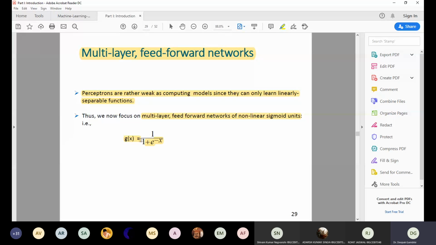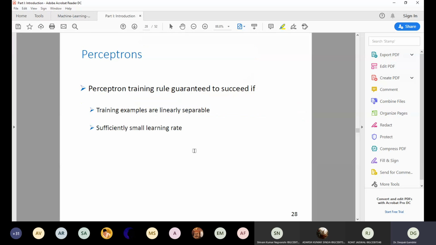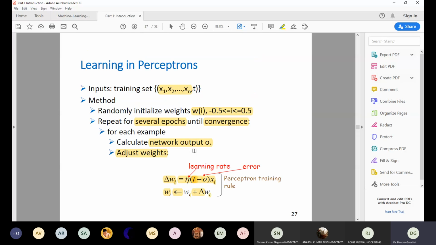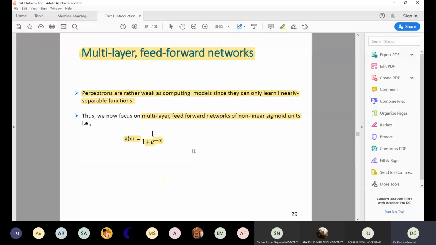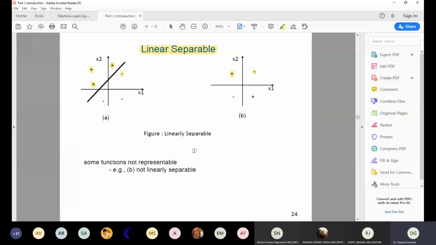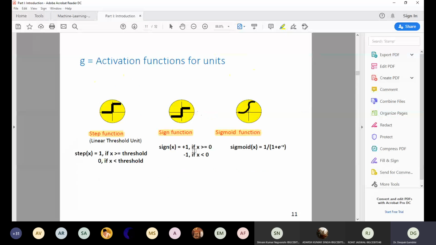That is the sigmoid function, which we have already covered previously when we learned about the activation functions.